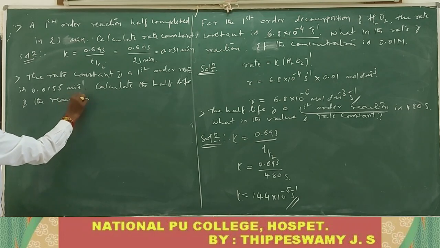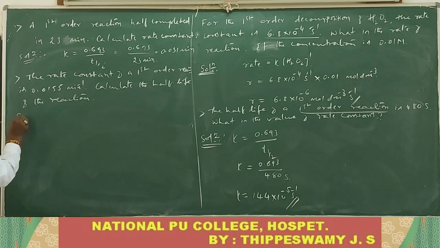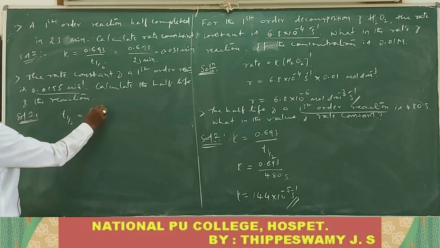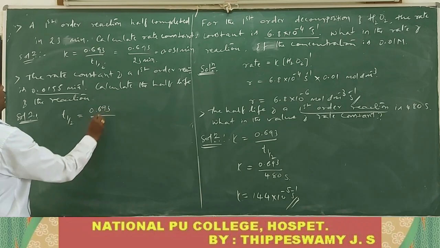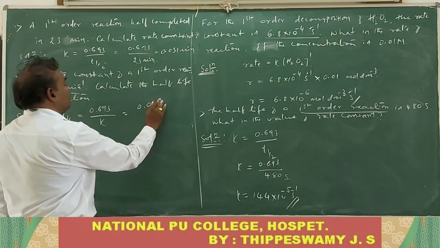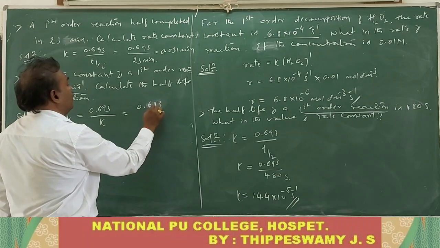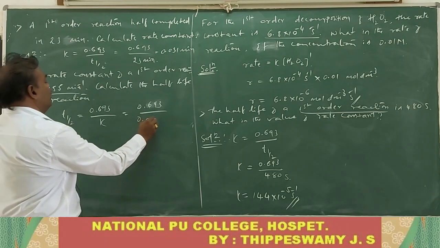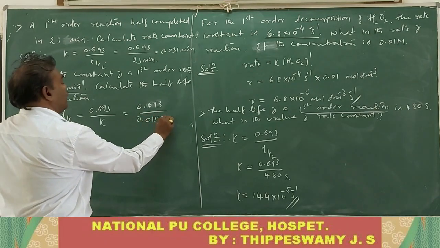Yes, can you tell me now? Solve this one. It is also very simple only. The rate constant of a first order reaction is given here. Calculate the half-life of the reaction. Same formula only. Half-life T half is equal to 0.693 divided by K. So 0.693 divided by the value of K given, 0.0155 per minute.